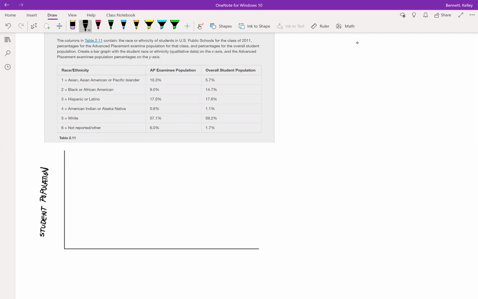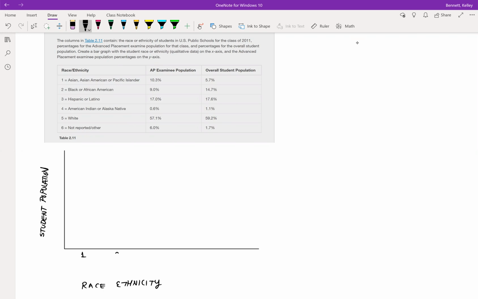All right, so let's go ahead and do the overall student population. Okay, so I'm going to put our race or ethnicity down here at the bottom. We have 1, that's going to represent our Asian American or Pacific Islander.